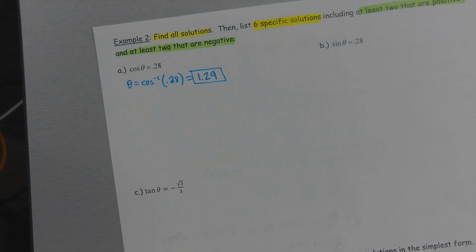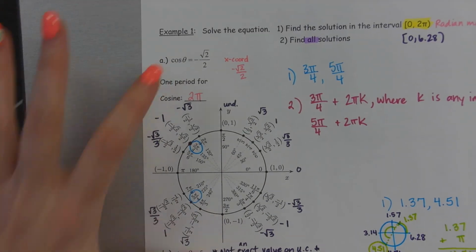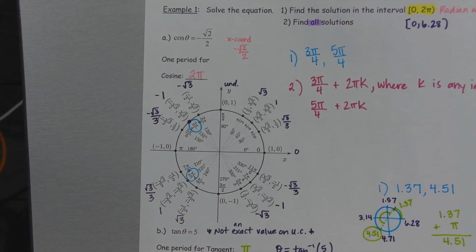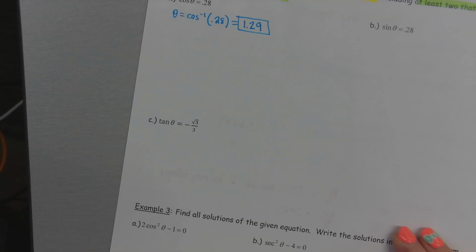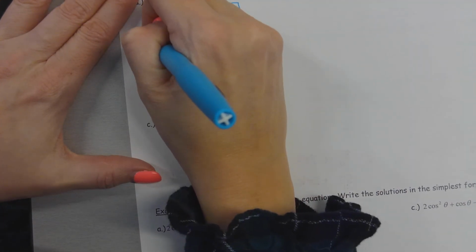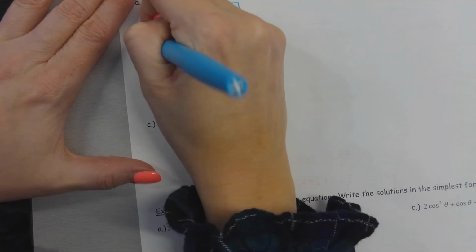So we already talked a little bit about the cosine in part A. How many places did you have the value for cosine? 2, which means there's another one that we have to find. And the way that we can find that is using our knowledge of where the cosine is positive on the unit circle.